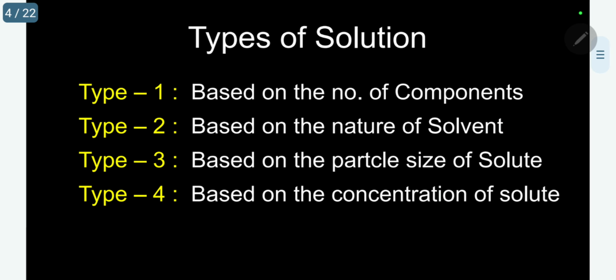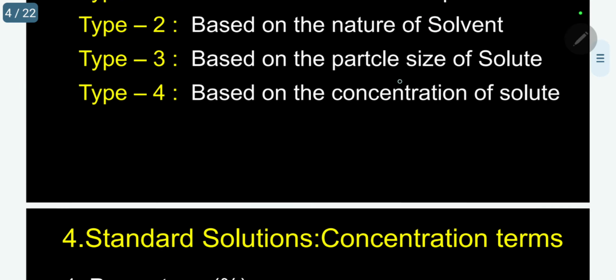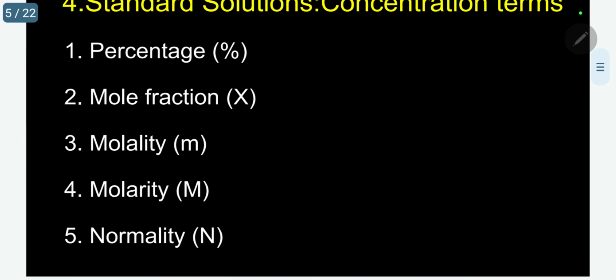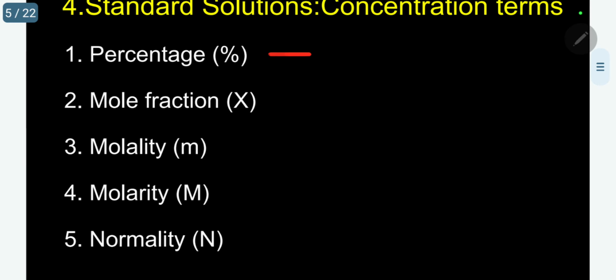Based on the concentration of solutes, if we know the concentration of solute, we know the concentration of solvent. If we know both, then we have a number of concentration terms as given below. One is percentage, another is mole fraction, third molarity, and normality. So let me go one by one. Please follow.